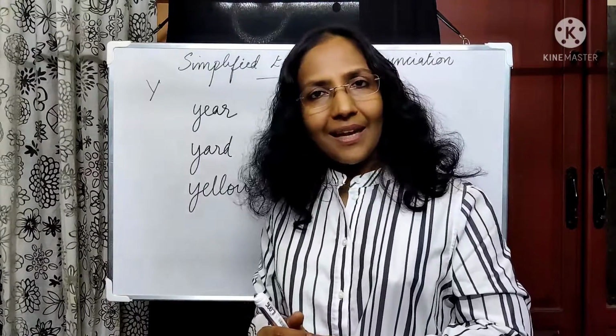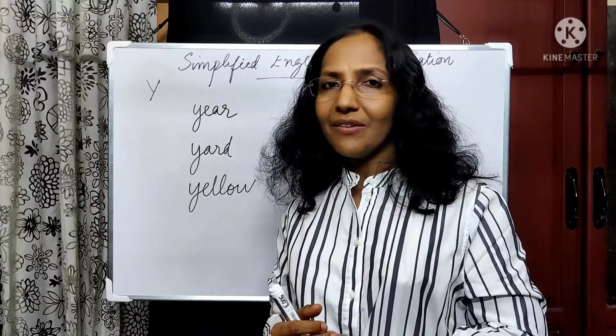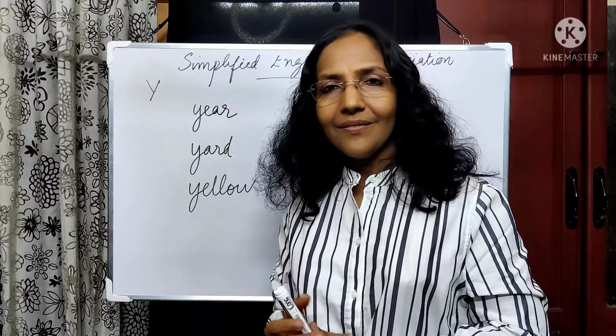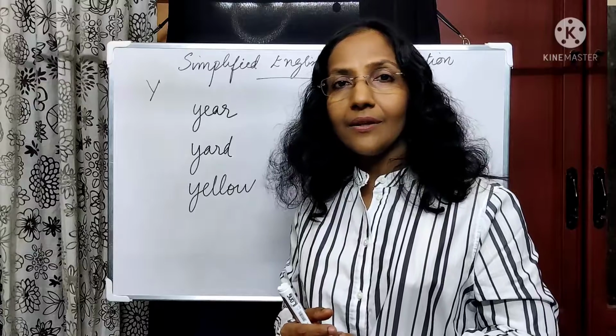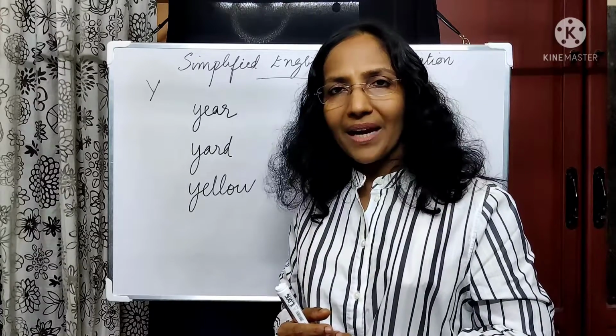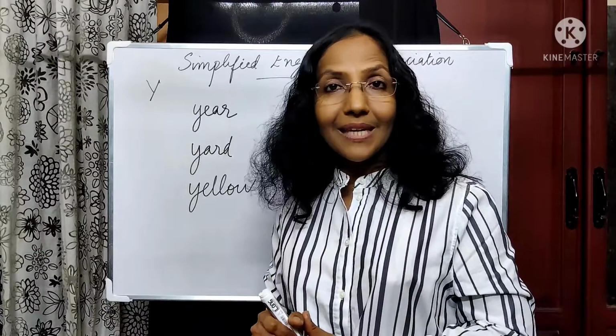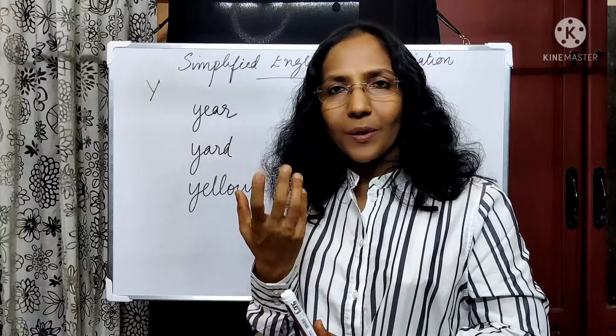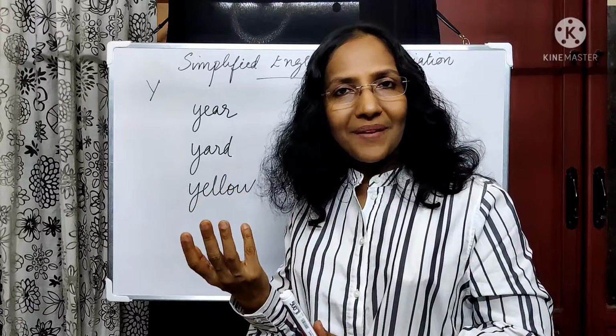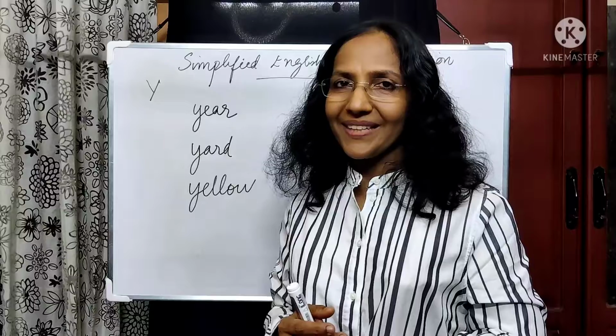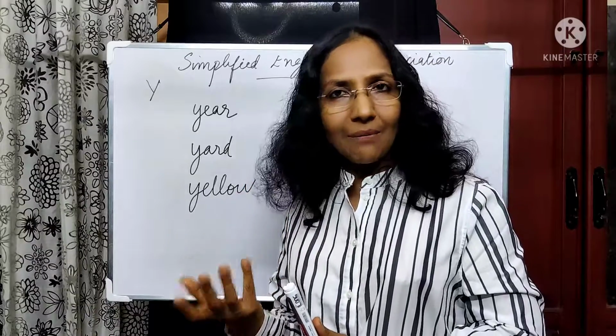Now we go to the last phoneme, which is manifested by the sound Y, which is otherwise known as the unrounded voiced palatal semivowel. It is a semivowel because it has the quality of a vowel and that of a consonant. That's why it is called a semivowel.